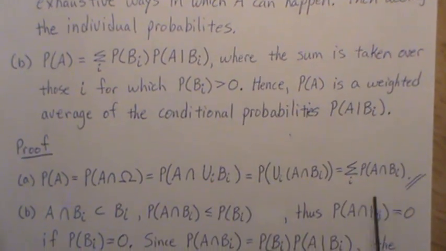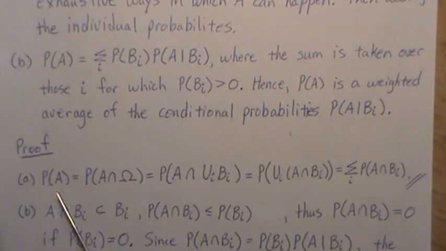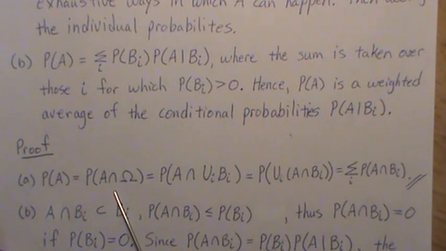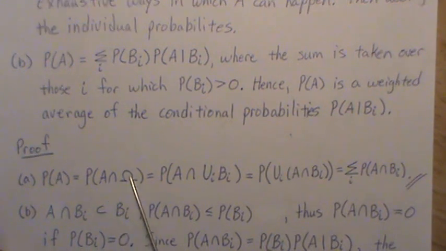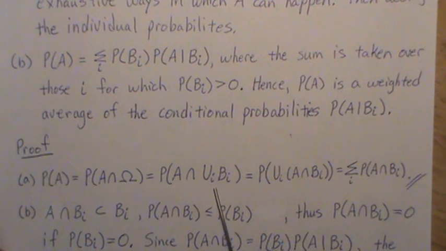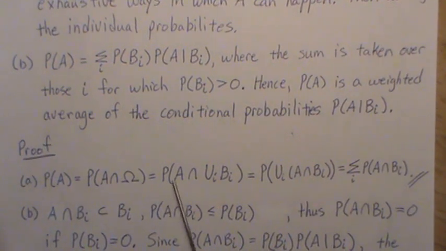They're short little proofs. So the probability of A is equal to the probability of A intersect omega, right? That is just A. But omega can be written as the infinite union of Bi's. So the probability of A intersect the union of Bi is this.